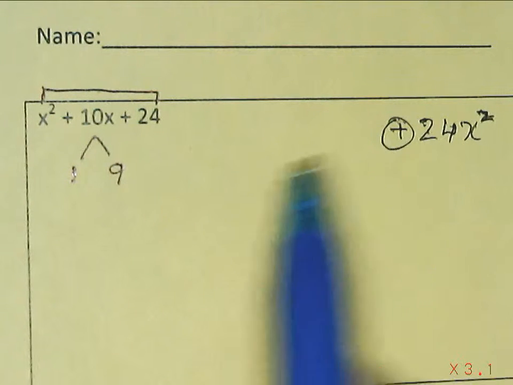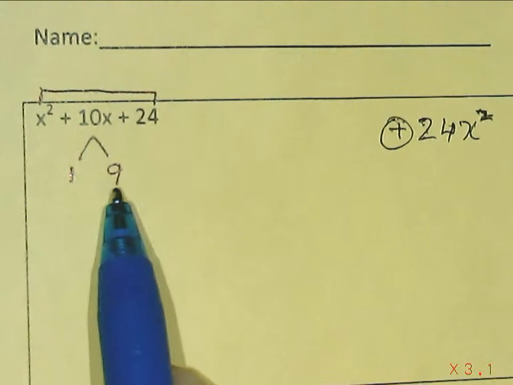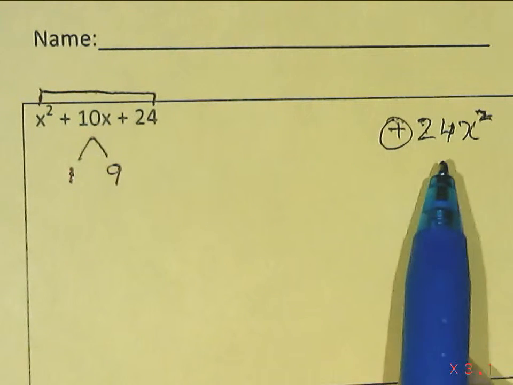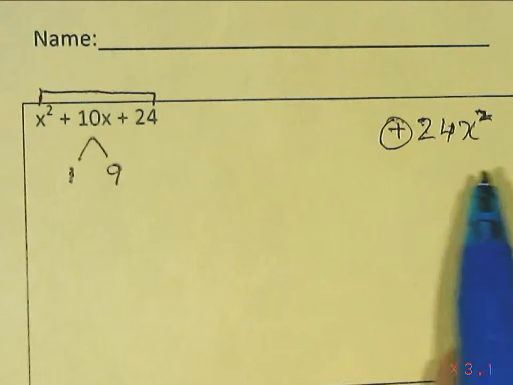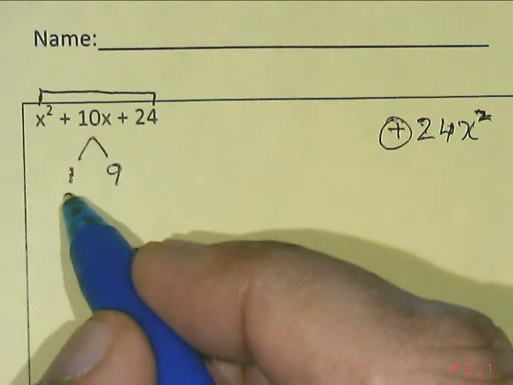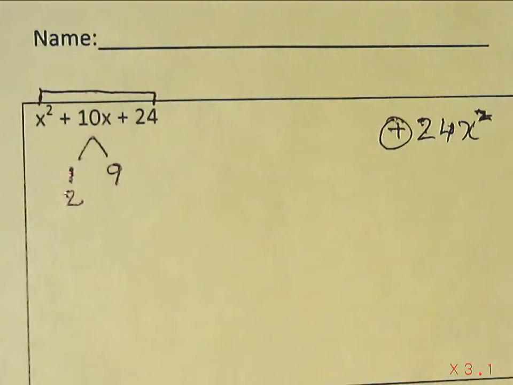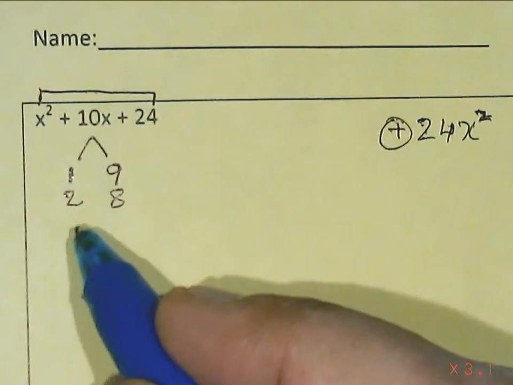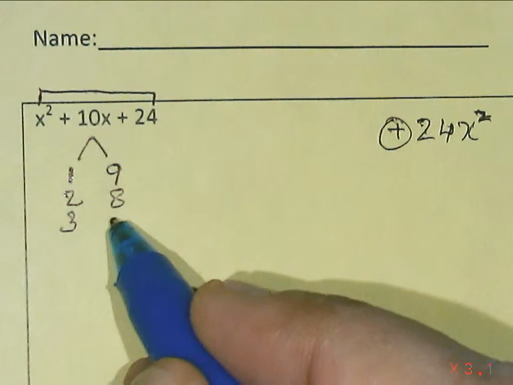Because of this plus sign, I'm adding 1 plus 9 gives you 10. When you multiply 1 times 9, will you get 24 or not? No. Okay, then after 1, let me try with 2. 2 plus 8 gives me 10. 2 times 8, is it 24? No. Then 3 plus 7.